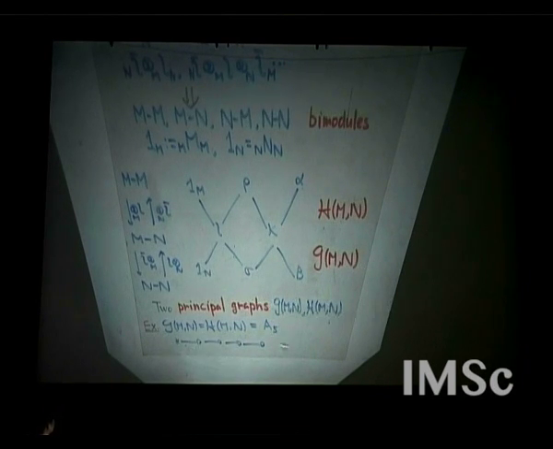So this is just a straight line with 5 vertices. Right. So these graphs give you very important information, although they are not completely invariant.